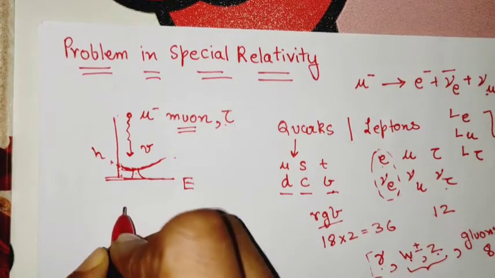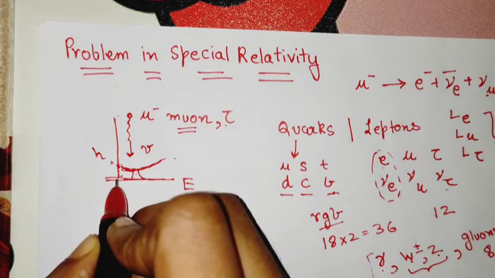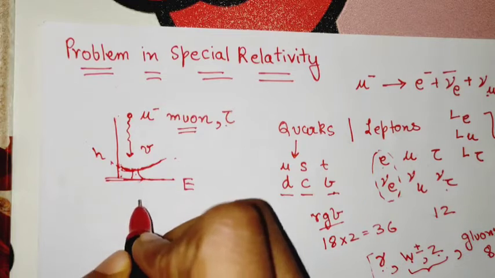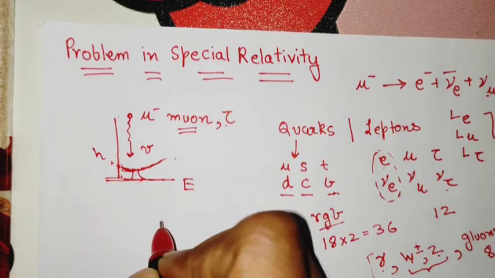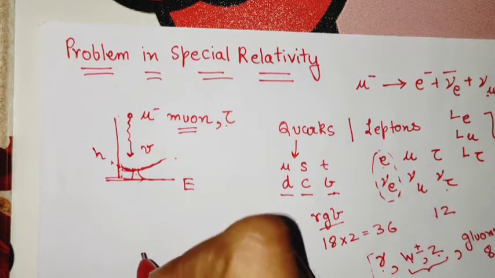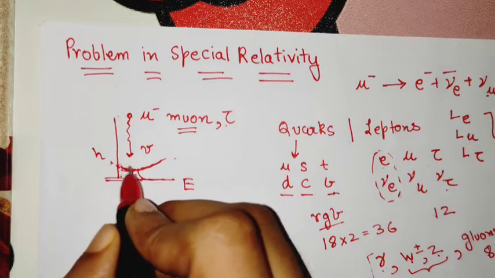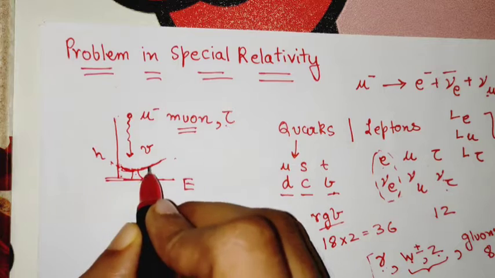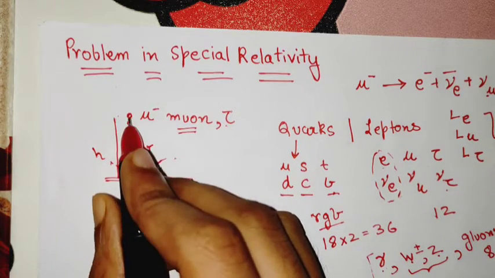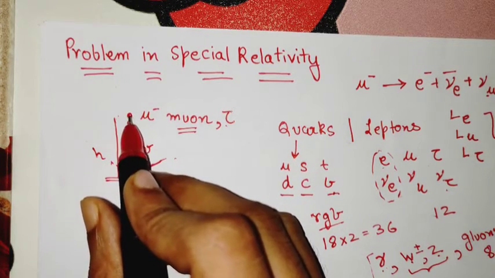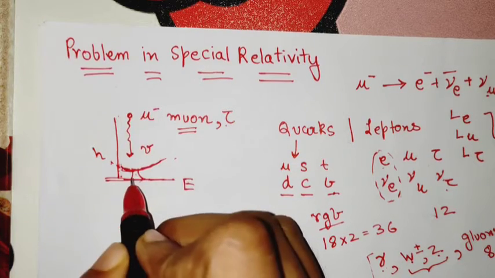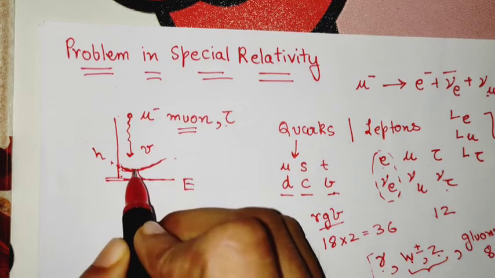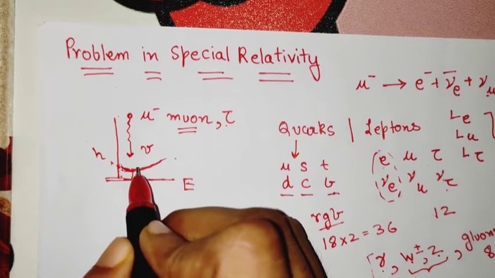So let's try to proceed. Here we first have to understand that we will try to analyze the problem in both frames, in the frame of the muon and in the frame of the Earth. The first point is this height, the distance between the detector's surface and the atmosphere where the muon is created.